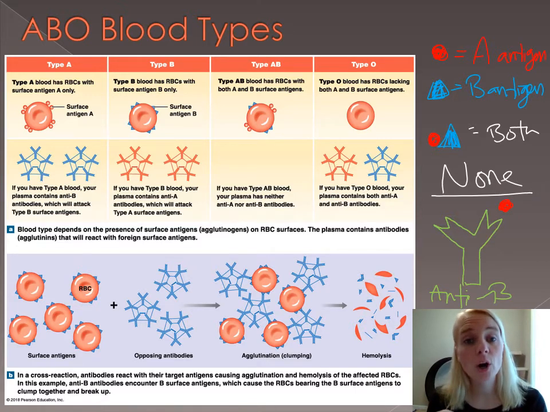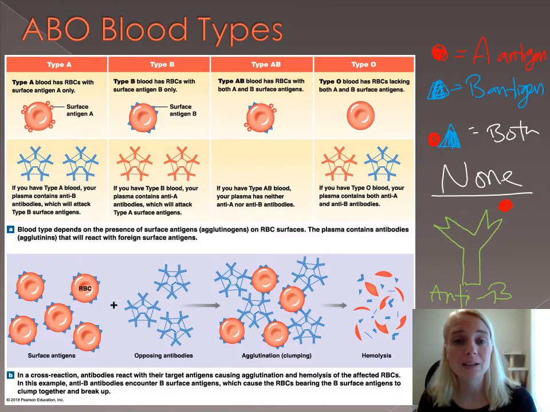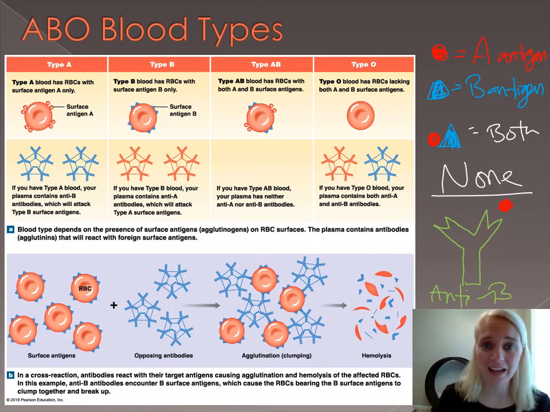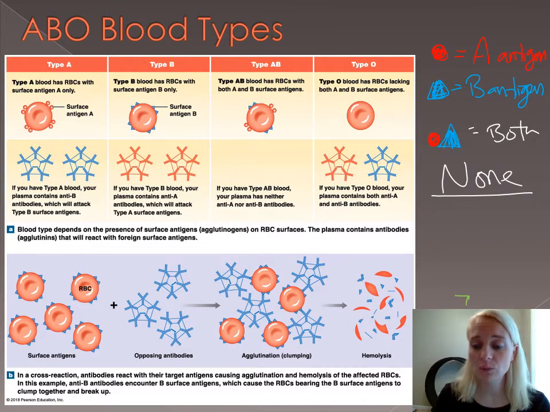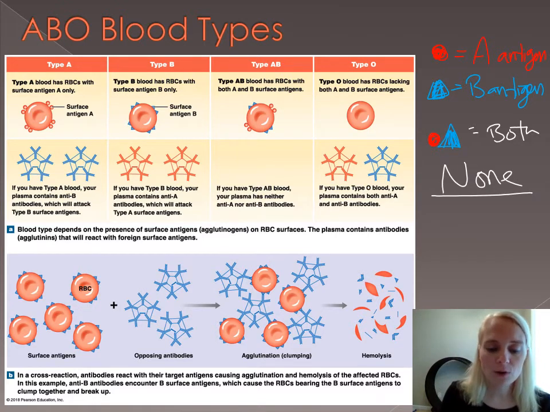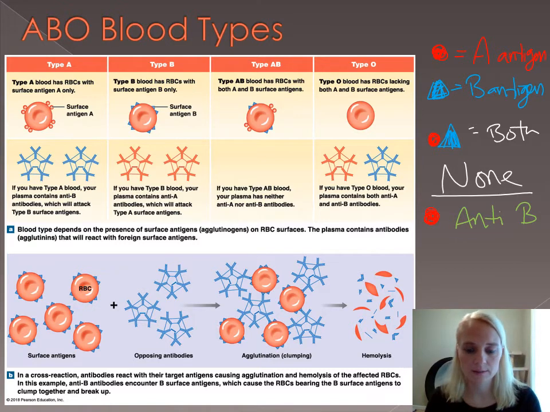So when we're trying to partner up our blood cell surface antigens with our blood plasma antibodies, we do not want the same combination. We don't want anti-A antibodies if we have A antigens, because then you're going to get what's called agglutination, which is all this clumping and destruction of the cells, which can kill you. So we don't want that to happen. If you have the A antigen, you will have anti-B antibodies.